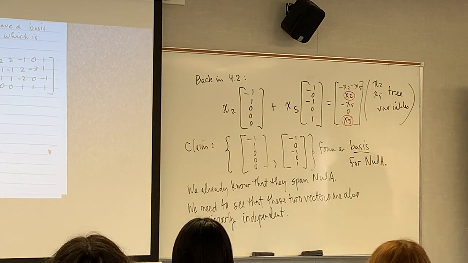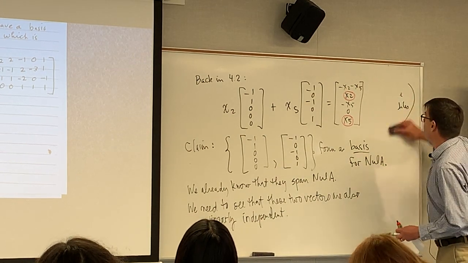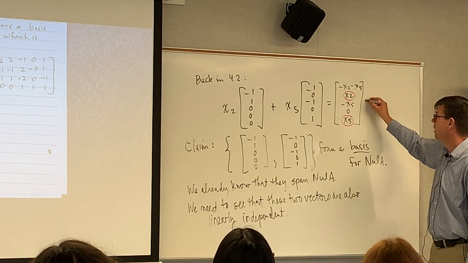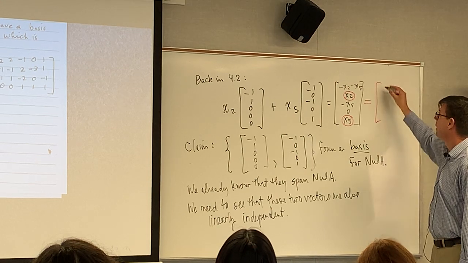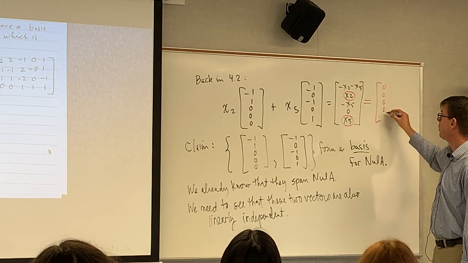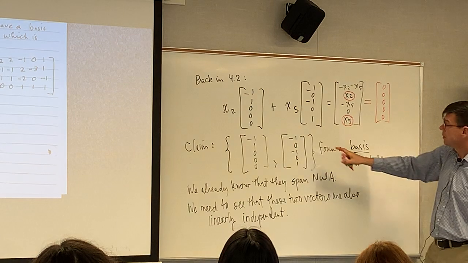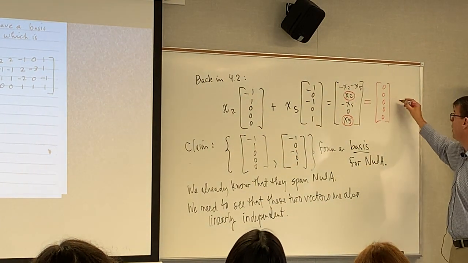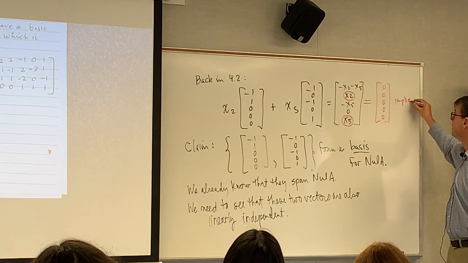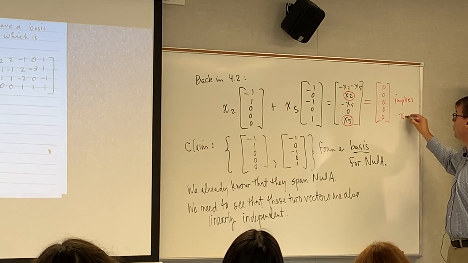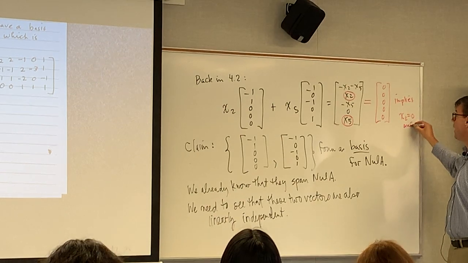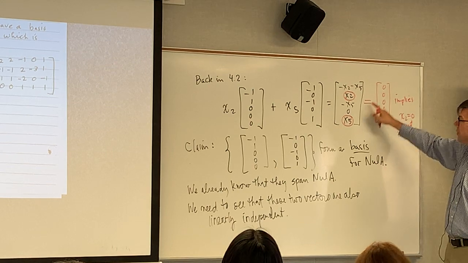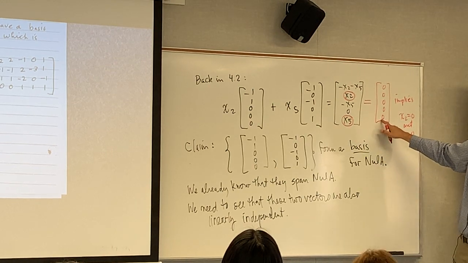Okay? And again, I don't want to write out this whole explanation. I just want you to see if this is equal to 0, 0, 0, 0, 0, so suppose a linear combination of these two vectors is equal to 0, that implies that x2 is equal to 0 and x5 is equal to 0, because this entry will be 0, this entry will be 0.